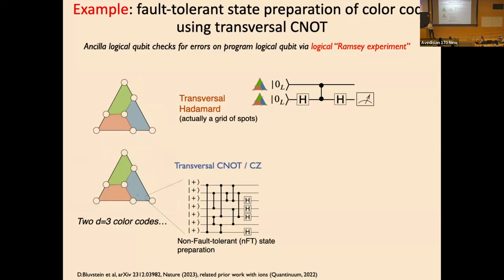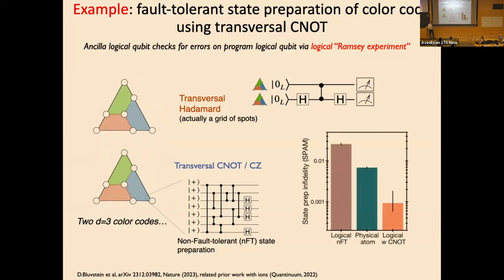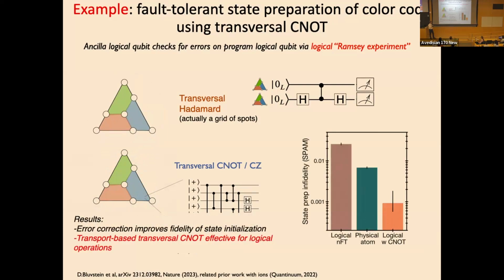So that's an example of so-called scheme error correction. You can use it to get a break-even, so you can reduce, for example, SPAM in the preparation of this color code below the value of the physical SPAM.